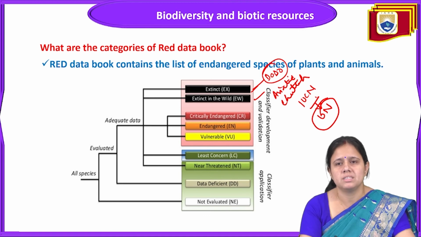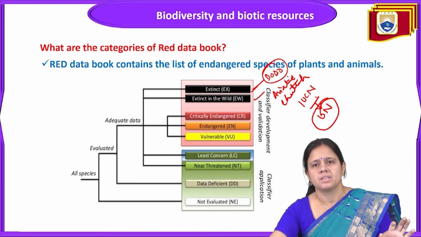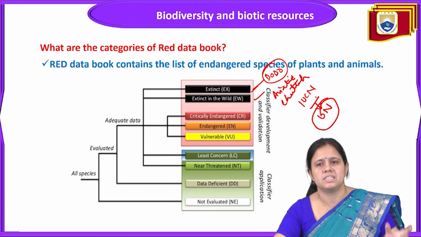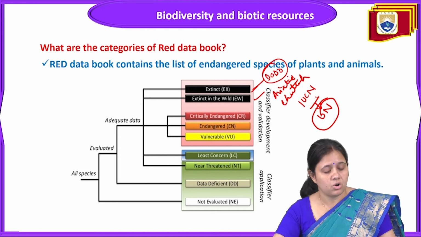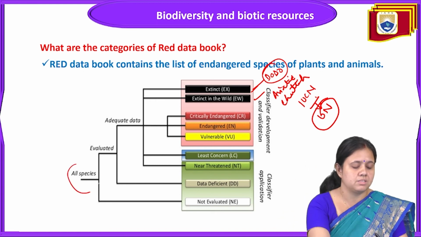Near threatened means nearly threatened, maybe they will be threatened. And then data deficient means data is not available for that particular species. Then not evaluated means those species that have not been evaluated.